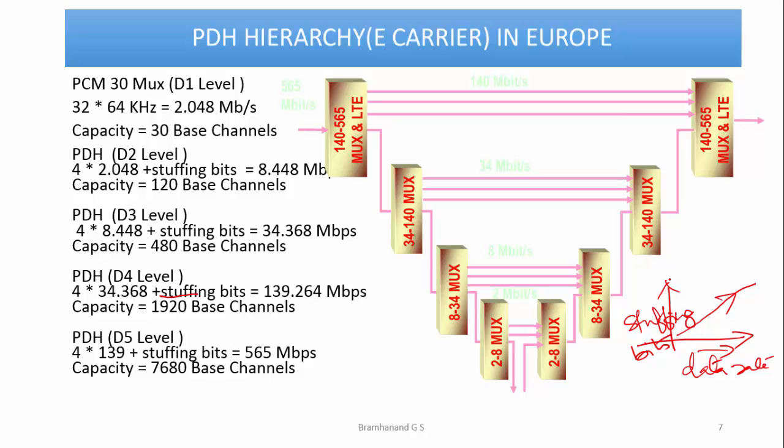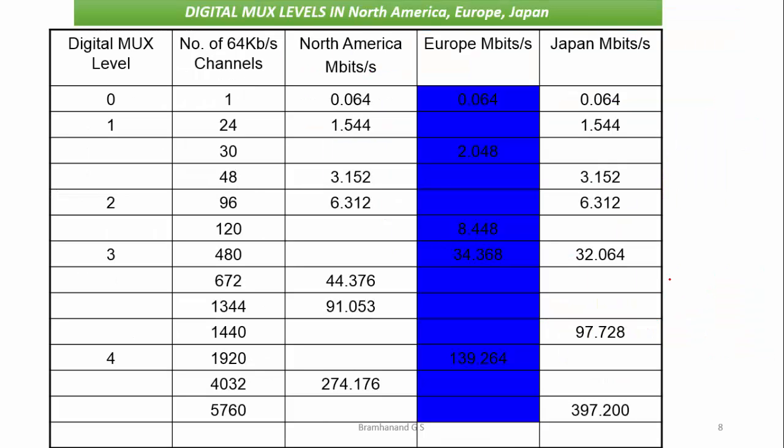So this is one of the biggest drawbacks of PDH. Okay, so now let's quickly compare the T carrier, E carrier and J carrier. In North America, we call it the T carrier, Europe the E carrier, Japan the J carrier. We notice quickly that the only similarity between all three is at DS0.